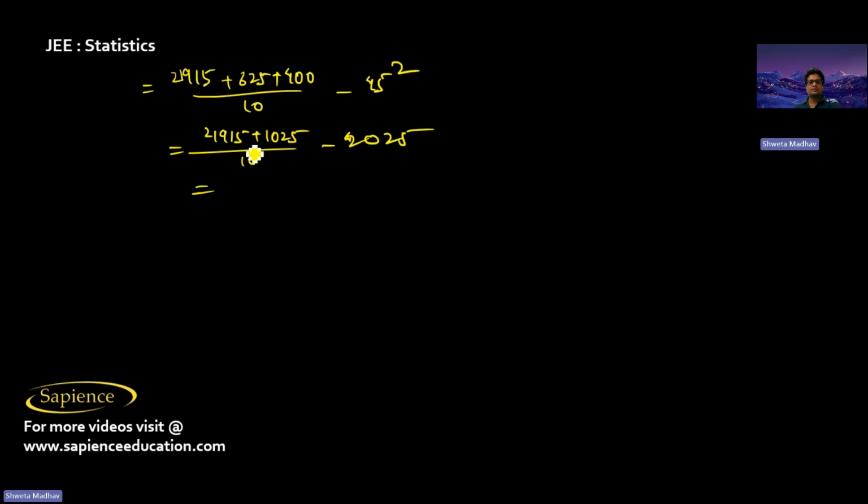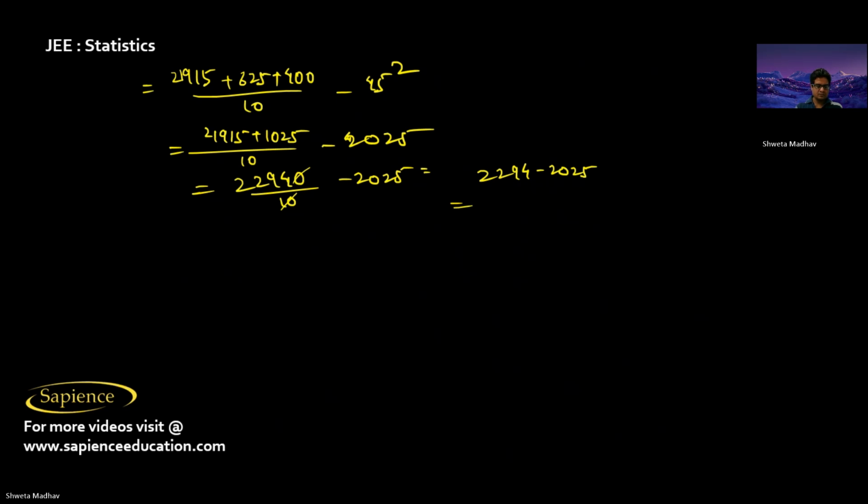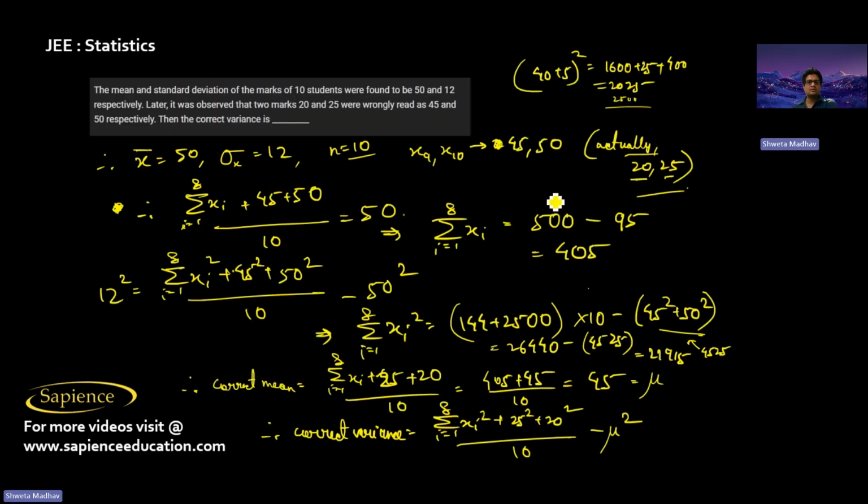So this will be 22940 divided by 10, minus 2025. So that will be 2294 minus 2025. So that will be 269. So 269 is the correct variance.